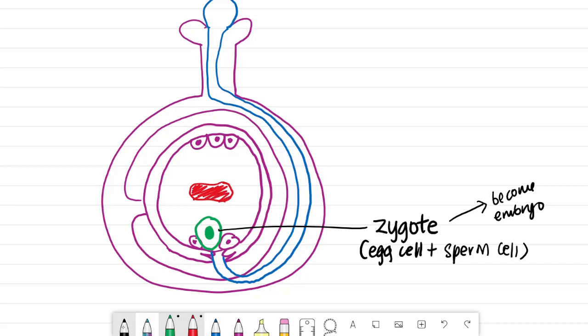So we're going to color it differently, and I'm going to label this as the endosperm. This endosperm is the result of a sperm plus two polar nuclei.